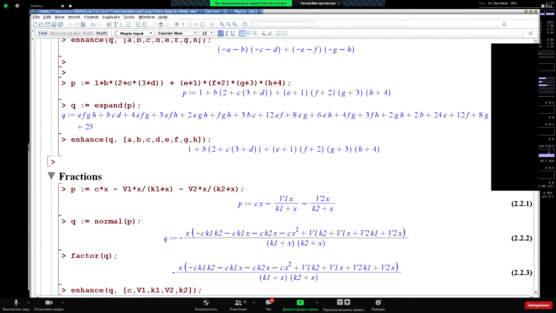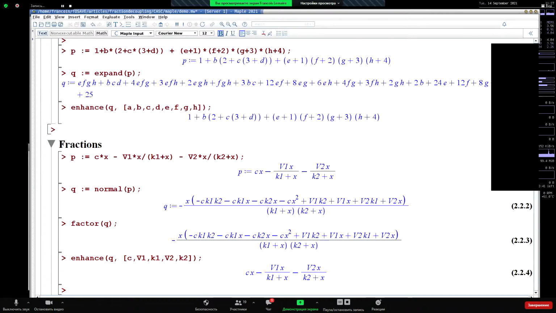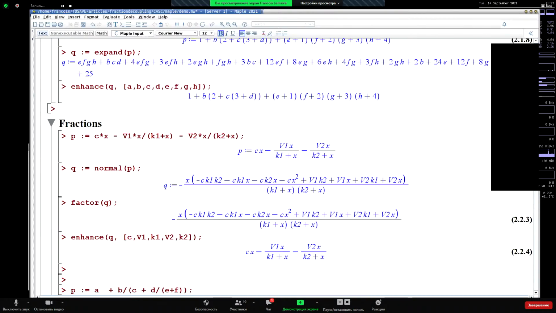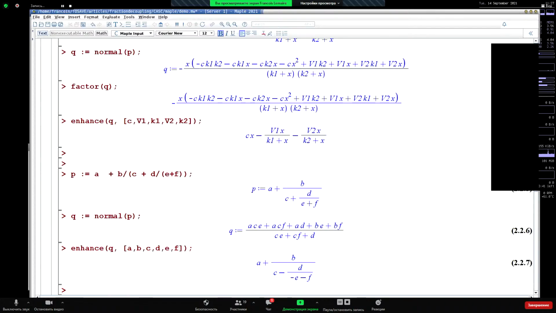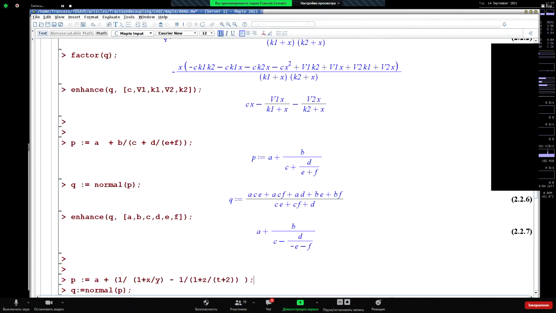You can try to factor, nothing happens, and with the enhance function, you recover the original sum of fractions, and the other one, which looks a bit like a continued fraction, it also works up to some signs here. You have minus ones. Okay.